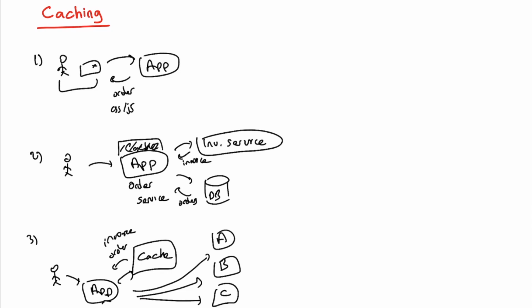So just to understand the difference between second and third one, in the second one we have something like this. So our application has multiple nodes, let's say node 1 and node 2, and each node has its own cache here.